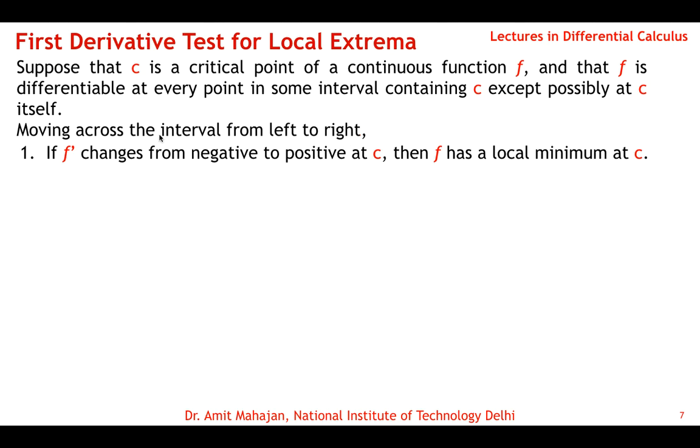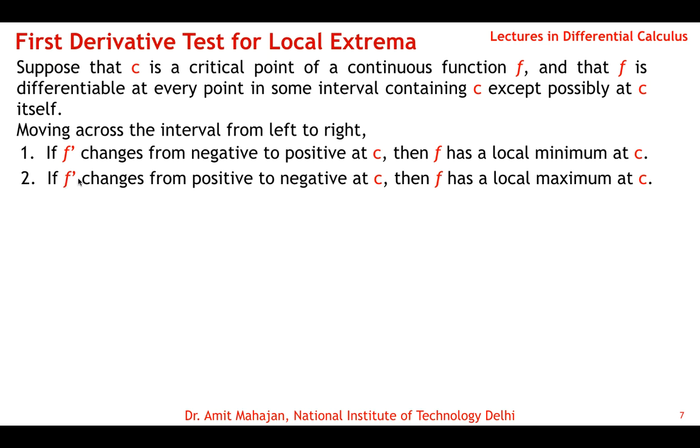So if the derivative changes sign from negative to positive, the function was decreasing, and then after C it starts increasing. As I move left to right, it decreases and then increases. So this point C becomes a point of local minima.